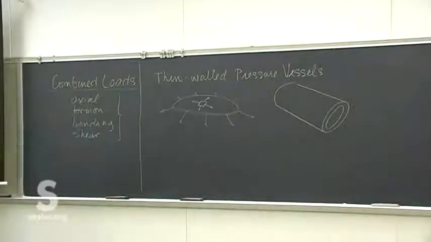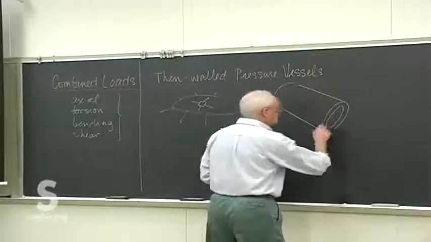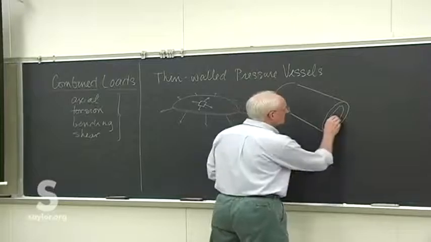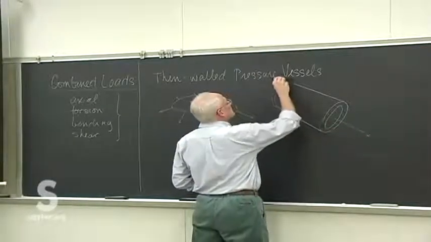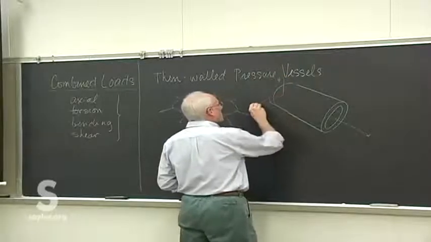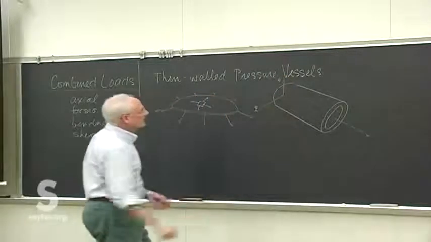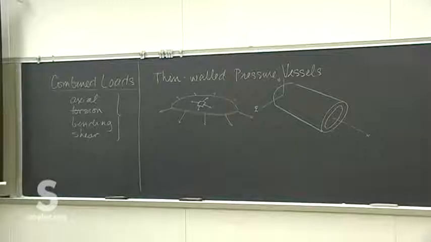So it's typical that a more rounded piece is put on that, and that's exactly what you see with scuba tanks and the like. So we've got this pressure vessel with an associated coordinate system.